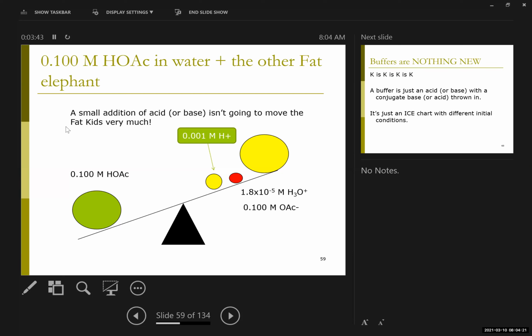There's a very common buffer you possess. Anybody know what it is? Yeah, blood, right? If you've ever watched any medical drama, and who hasn't, somewhere in their list of diagnoses, they always refer to acidosis. What's acidosis? It's your blood becoming more acidic than normal.